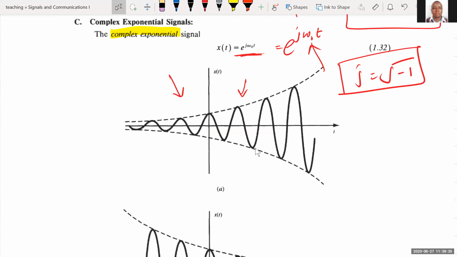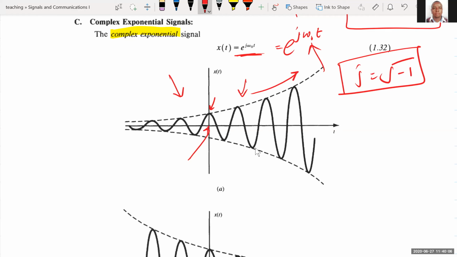And as you can see, at time t equal to 0, the function actually becomes more like a cosine than a sine, because we know that a cosine has a maximum at 0. So what we also see is that it is increasing in time, because there's a component that you'll see shortly that is causing the exponential increase.